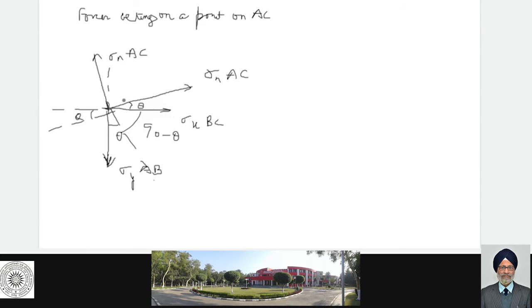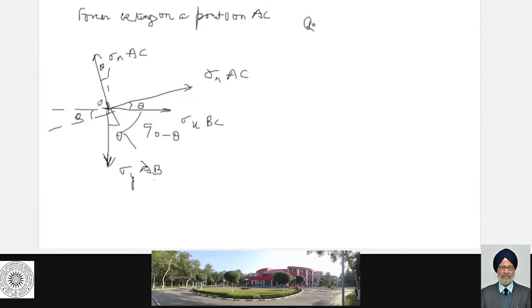Right? And this angle is 90 minus theta. So this is a point O on the plane. So forces acting on point, say O, on AC.